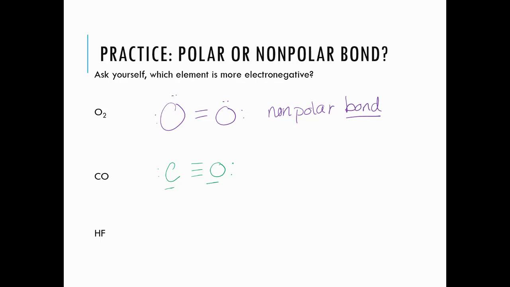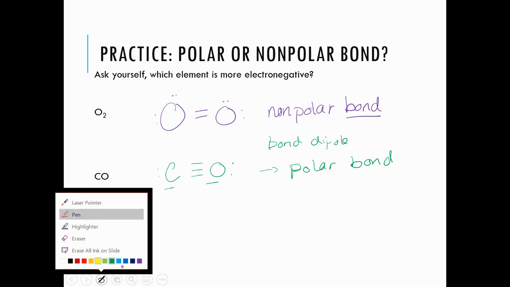Okay, and so we need to figure out which one is the more electronegative to indicate something called a bond dipole. Okay, we can go ahead and decide that this is a polar bond. Okay, I have two different elements. They're not going to have equal strengths, but which one is stronger?